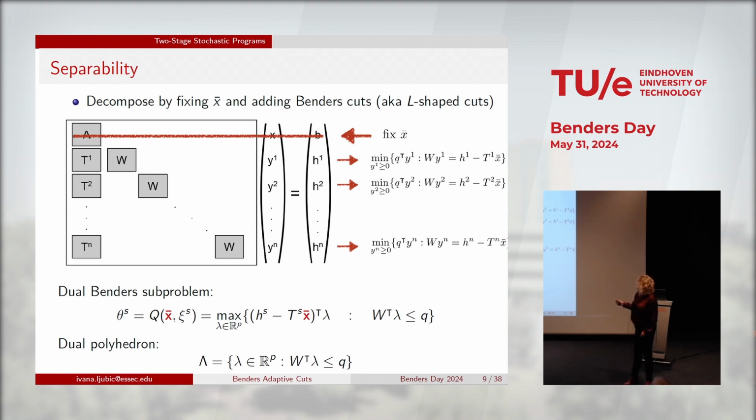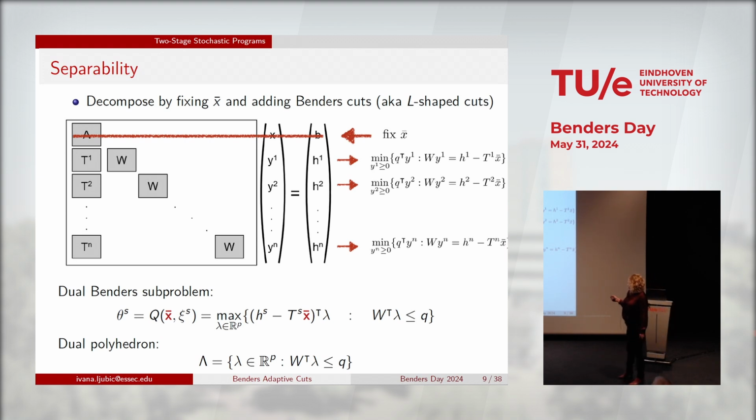Because when I fix the value of x, then each of these blocks can be solved independently. So we have this separability property, the decomposition property, and then we will solve these subproblems independently. And then now we are going to exploit the LP duality.